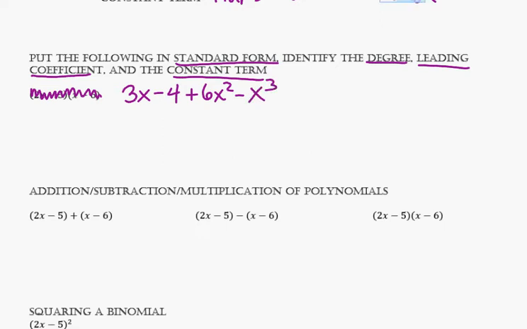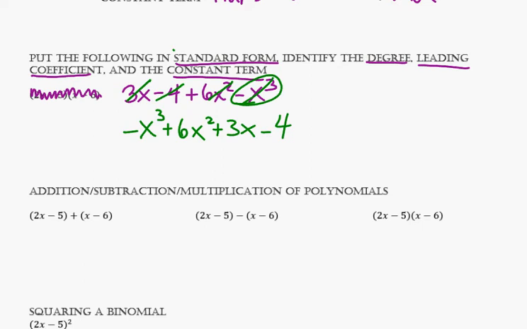That's the polynomial I want to work with. So the first thing I want to do is put it into standard form. So I pick the largest exponent, which is the negative x to the third term, and that's going to go first, and then I'm done with him, and then just start working your way down. X squared would be next, and then x, and we end with 4. So there's my polynomial in standard form.